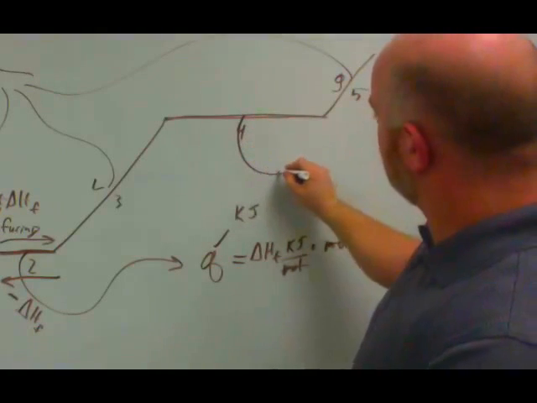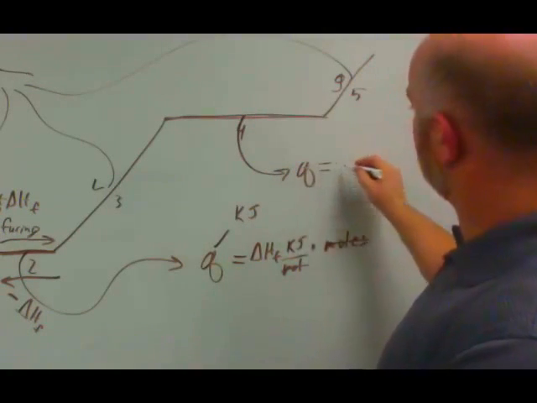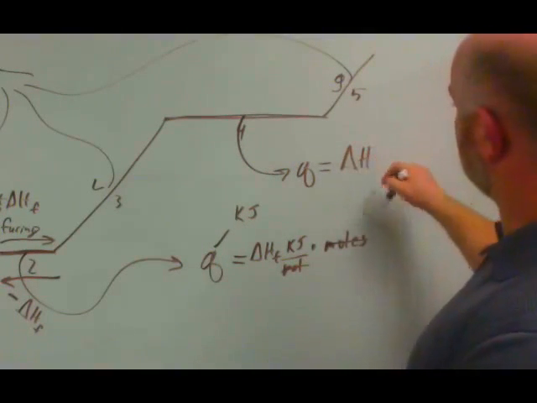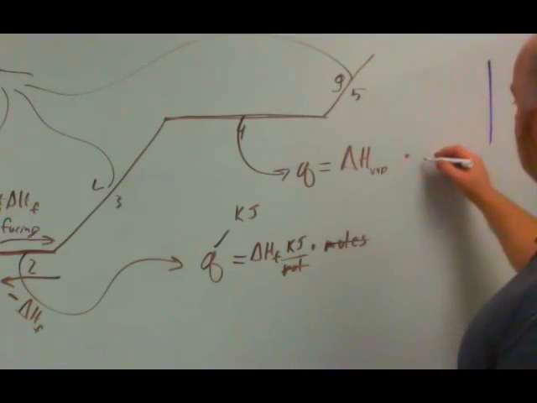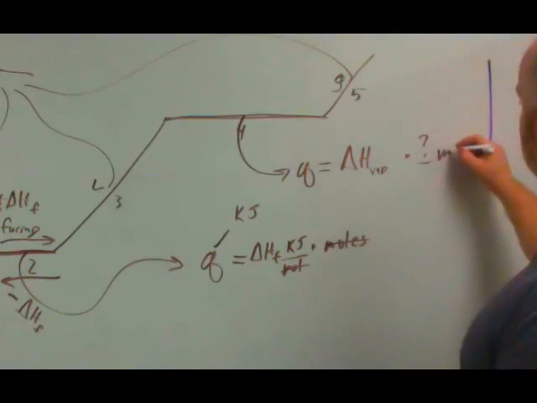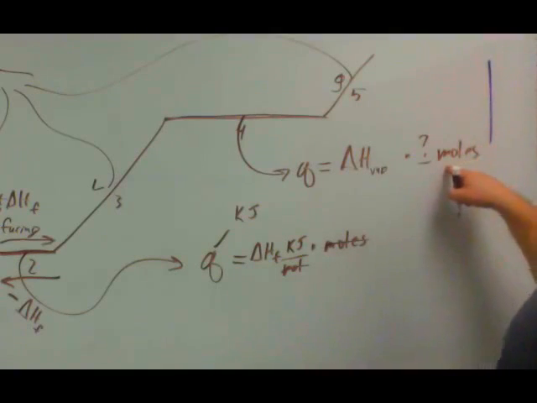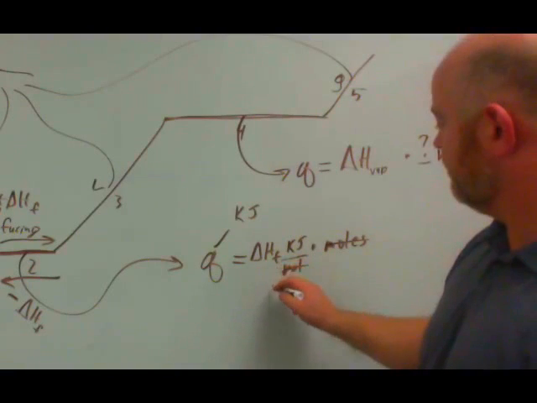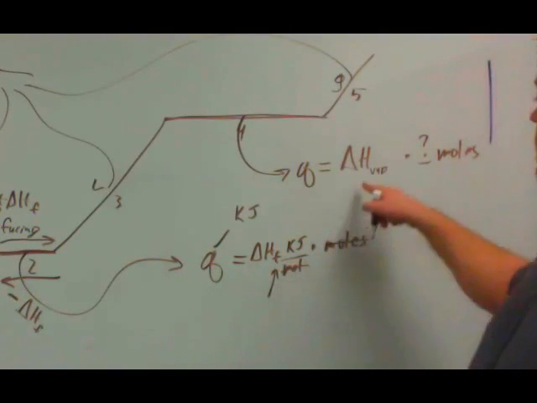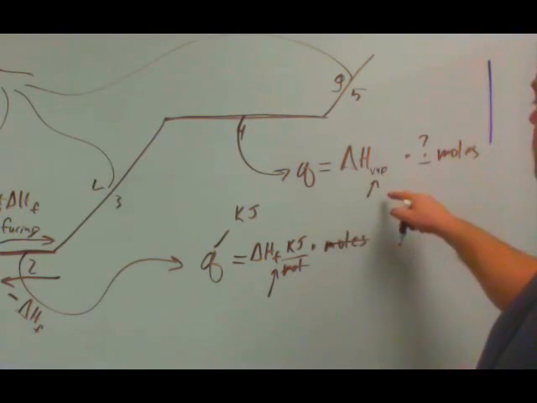At stage 4, we have to solve for the Q being the change in enthalpy to vaporize times however many moles you have here. So again, same equation. Here you're looking for heats of fusion with an F. Here you're looking for heats of vaporization.